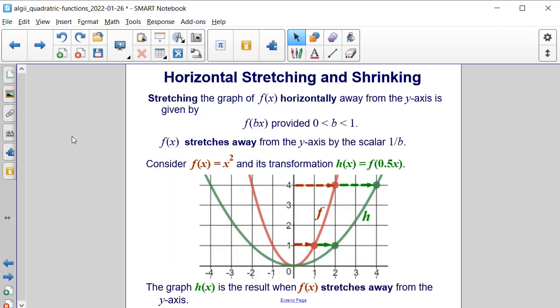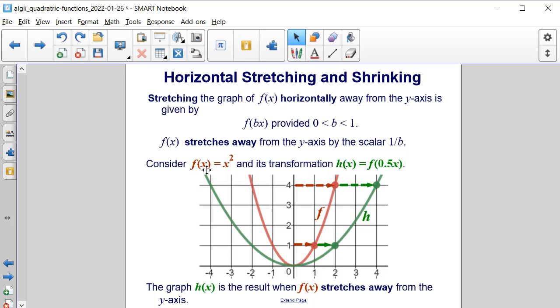Now let's talk about horizontal stretches and shrinks. Stretching the graph of f of x horizontally away from the y-axis is given by f of b times x in parentheses, provided that b falls between 0 and 1. This stretches the graph of f of x away from the y-axis by the scalar of 1 divided by b.